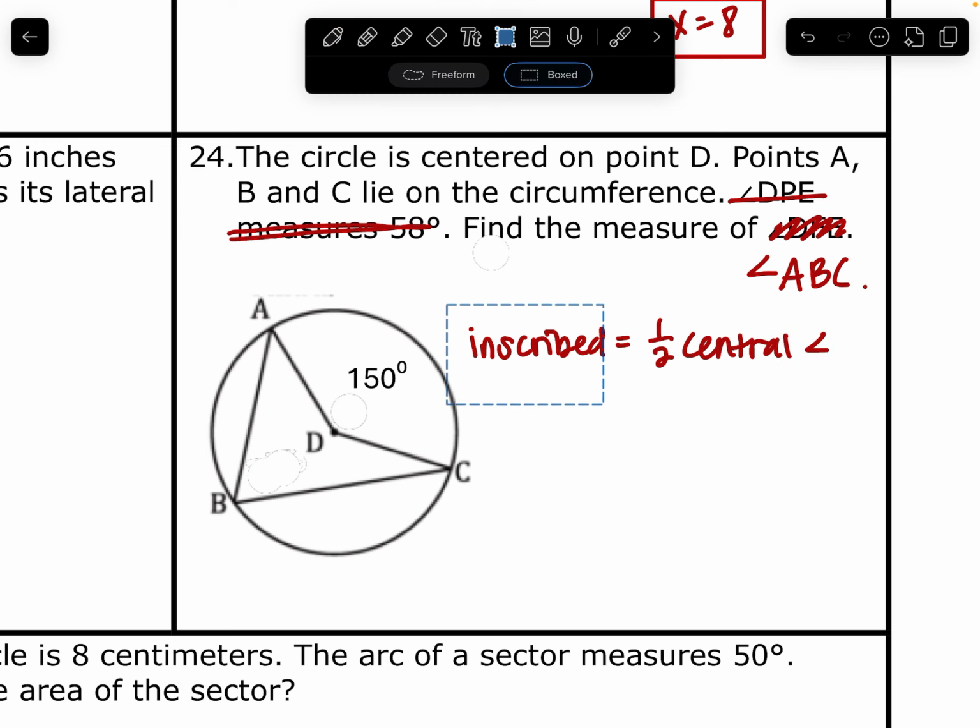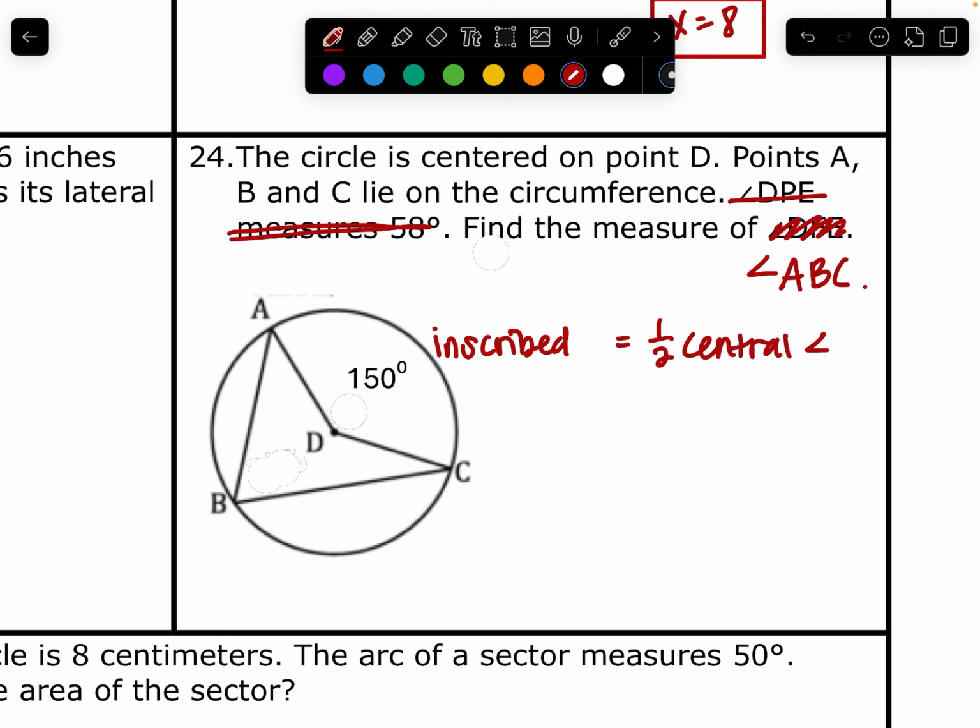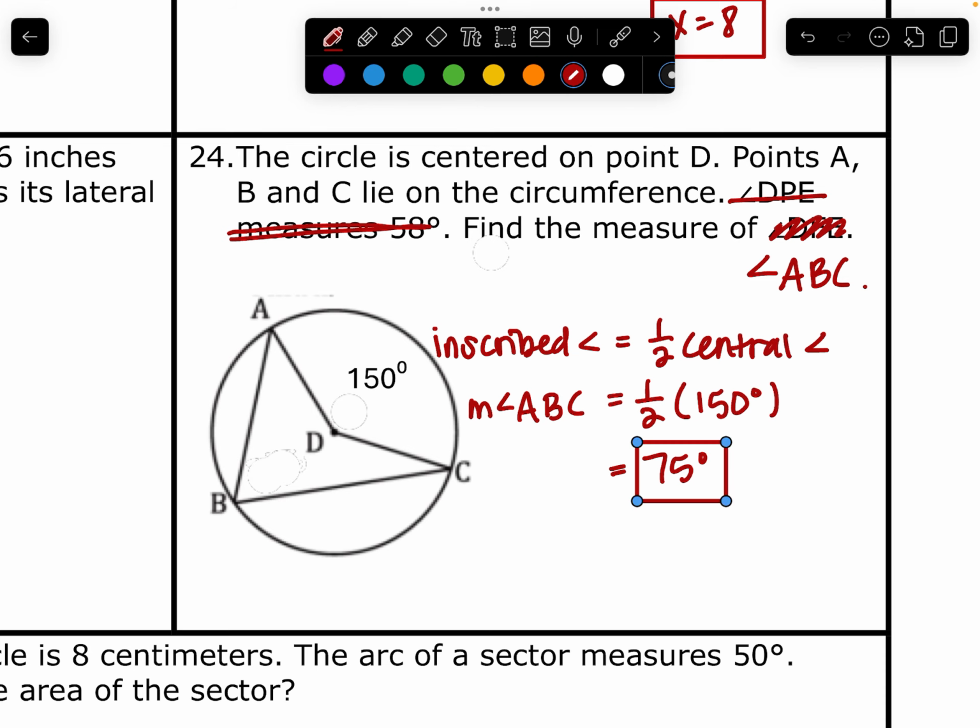The inscribed angle is ABC, and the central angle is ADC, which was 150 degrees. Half of 150 degrees is 75 degrees, and that is it.